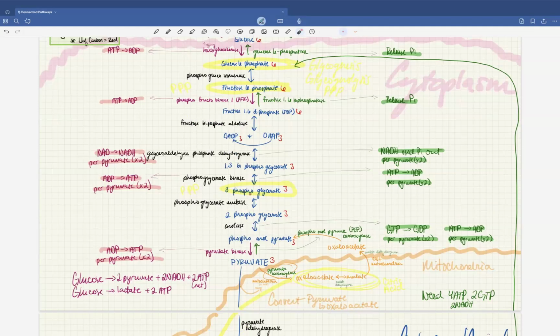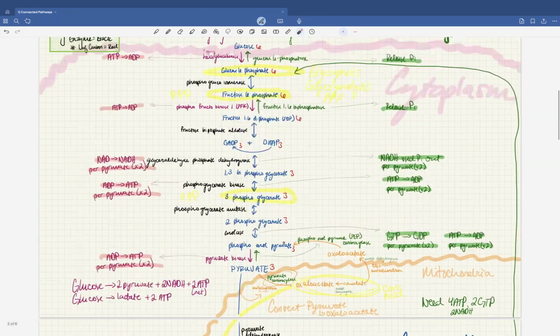And then 3-phosphoglycerate is converted by phosphoglycerate mutase into 2-phosphoglycerate. So we're simply moving which carbon the phosphate group is on, judging by the 3-phospho and the 2-phospho. And then enolase will create phosphoenolpyruvate.